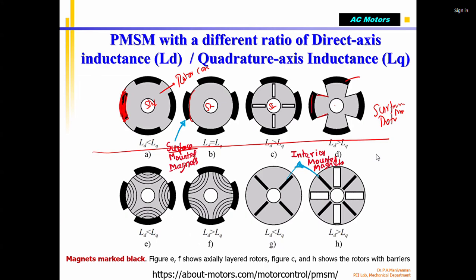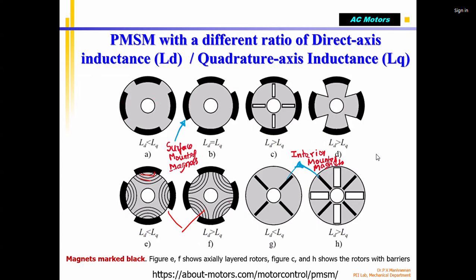The second one is called interior type, IPM. In this you can see how the magnetic flux is. These are also surface mounted. Wherever Ld is less than Lq, that will be interior. Interior magnet means the magnet is inside.